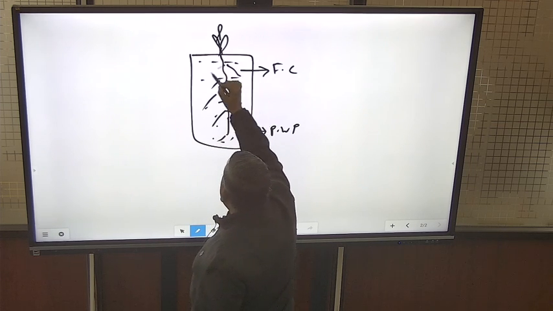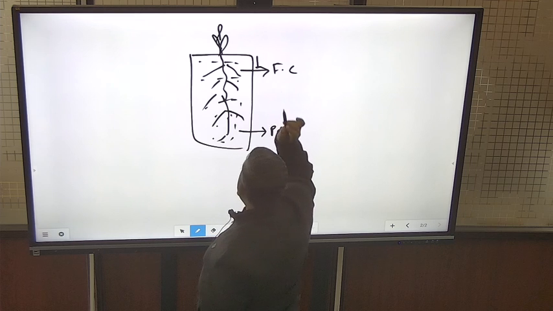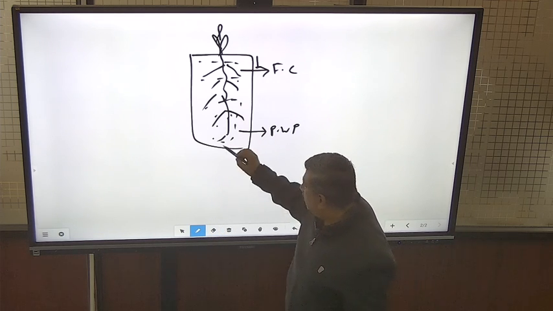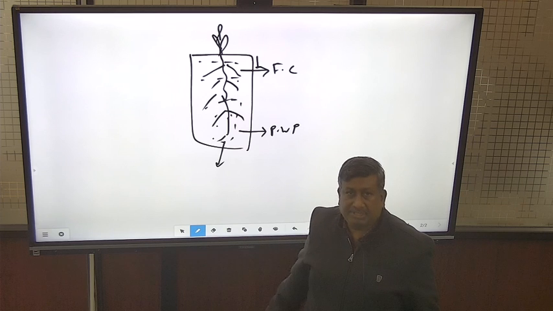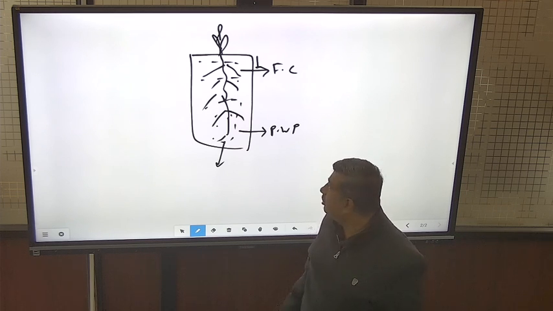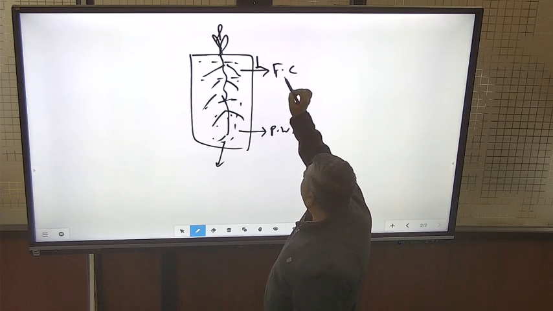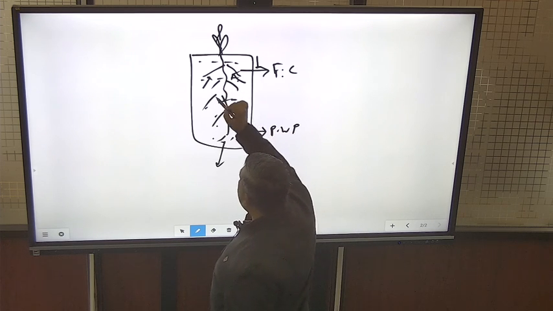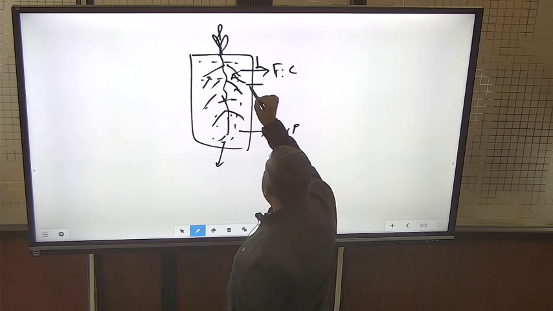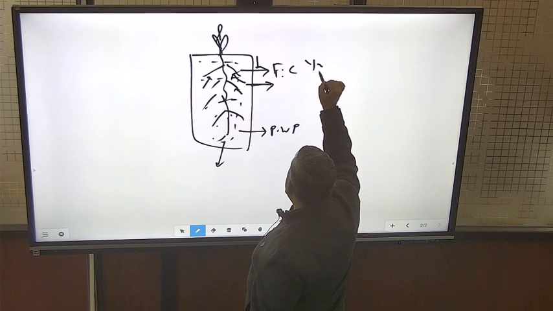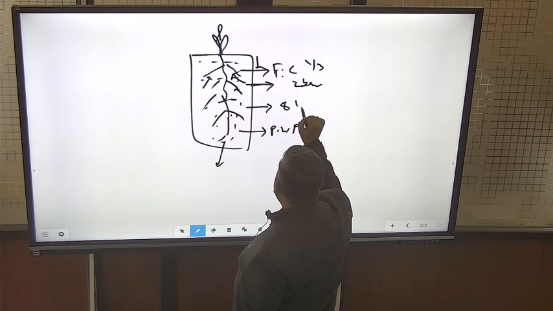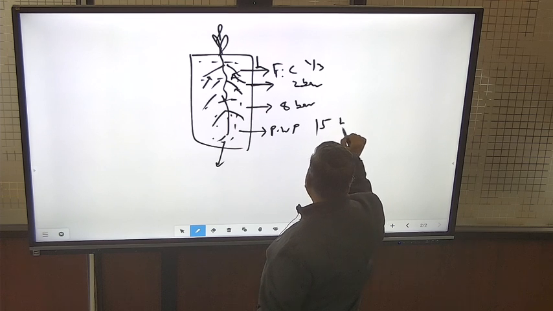As the moisture content reaches field capacity after irrigation, some moisture is drained in response to gravity, that is gravitational water at the time of saturation. When water reaches field capacity, then this moisture is available to the plant. Now moisture comes here, suppose this is minus 1/3 bar, suppose it is 2 bar, suppose it is at 8 bar, and permanent wilting point is at 15 bar.